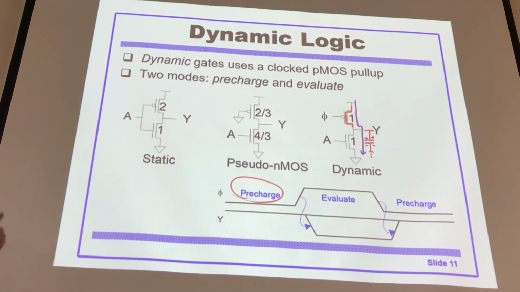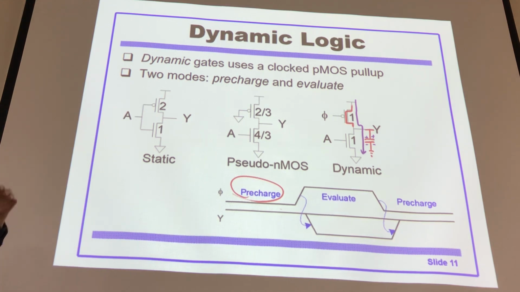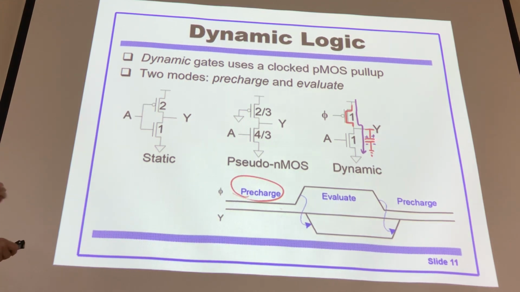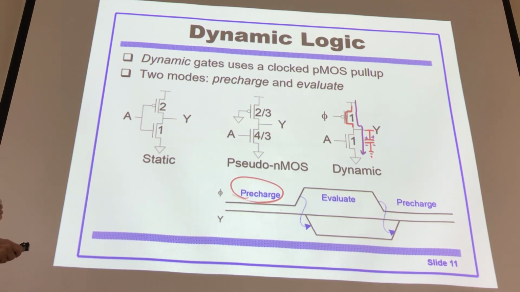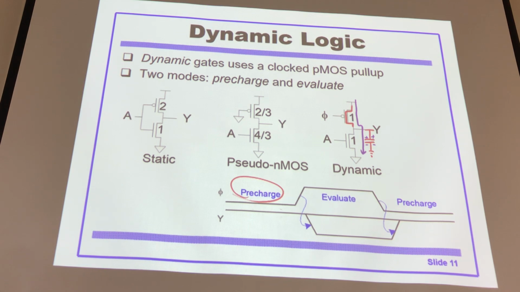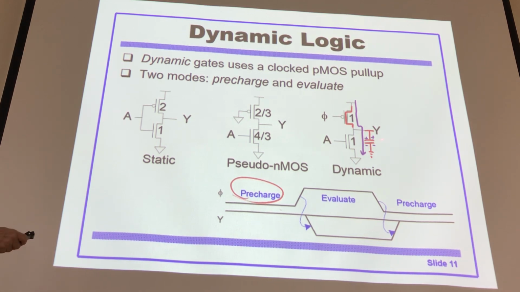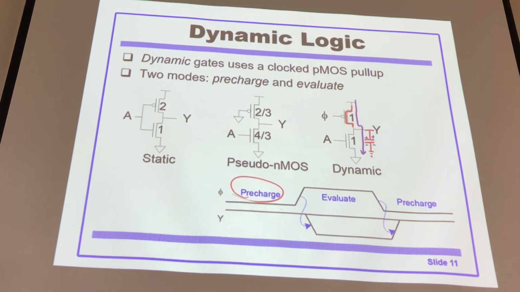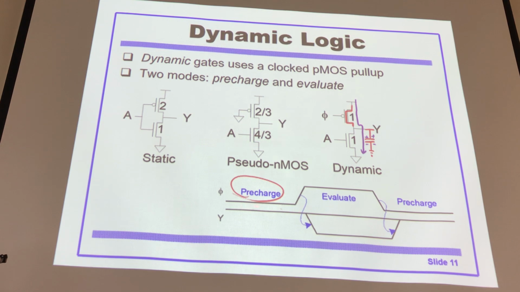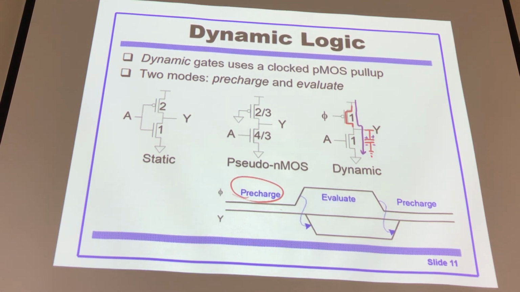So the output goes up, accumulating more and more charge, and your voltage is going to go higher and higher until it reaches signal 1. Okay? So you get Y output 1. You're getting signal 1 during the charge phase.